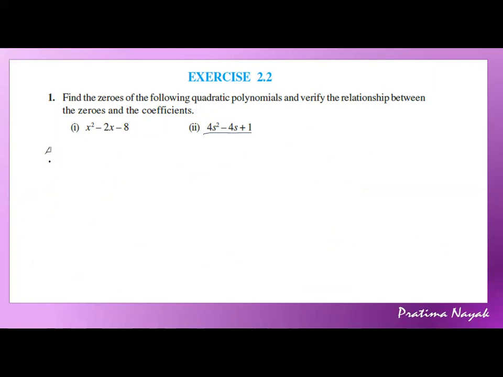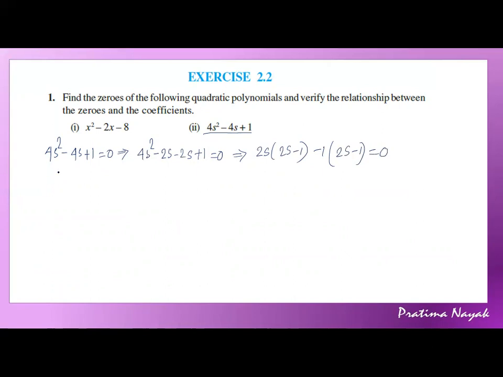So 4s square minus 4s plus 1 is 0. Or 4s square minus 2s minus 2s plus 1 is 0. Taking 2s common, 2s minus 1, and minus 1 taking common, 2s minus 1 is 0.